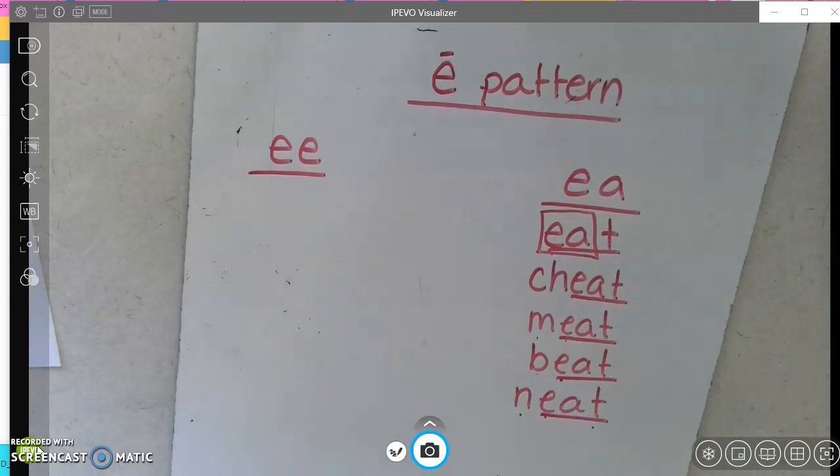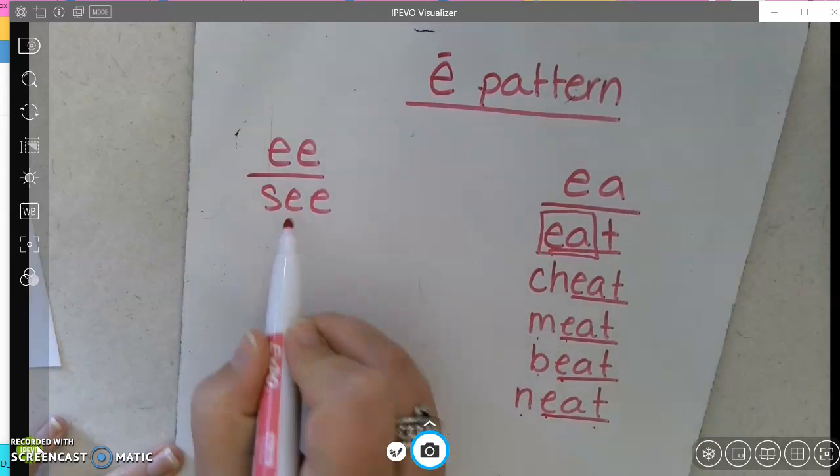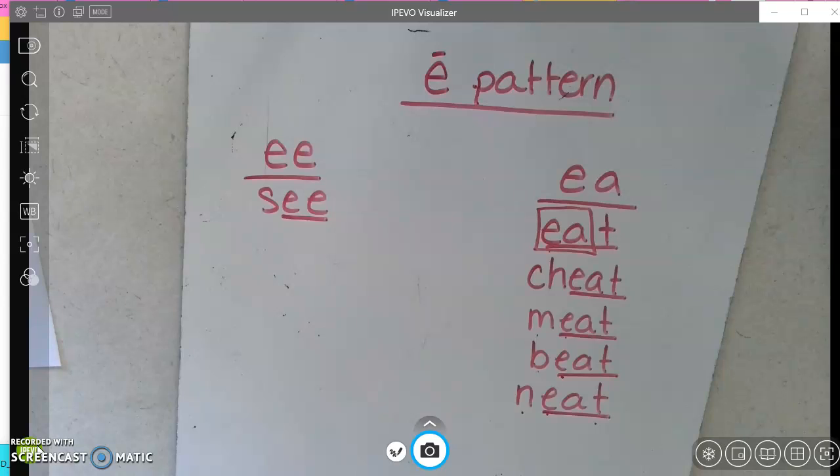For EE, if we say see, what words rhyme with see? What words can you think of that rhyme with see?